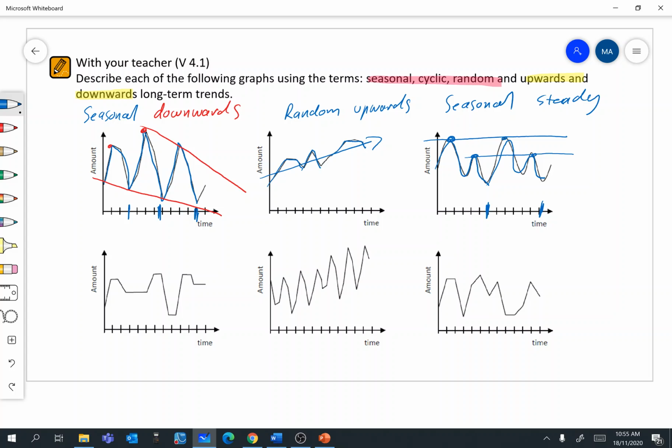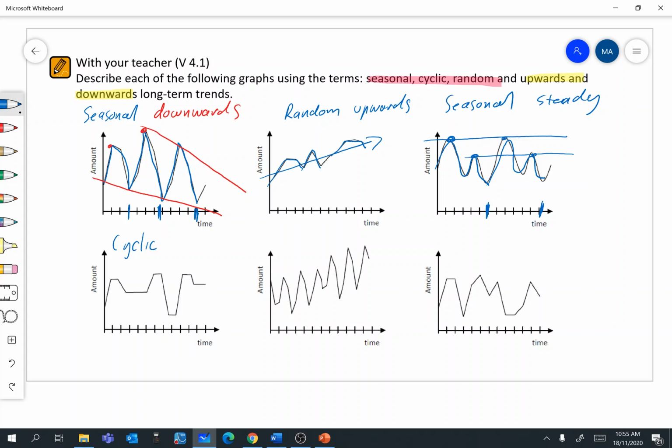Right, moving to the second row of graphs. This is an interesting one. We're getting a similar sort of shape happening here, but we're getting a larger gap between these two than we do between these two. So I'm thinking this is cyclic, with this repeating pattern over irregular time intervals. Now, is this trend upwards or downwards? That's kind of difficult to gauge here.